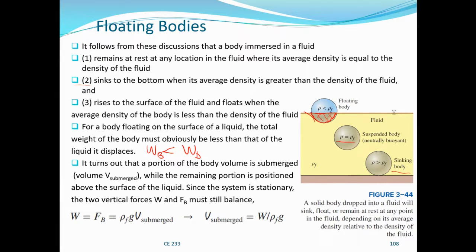That implies that although the volume of the body is higher, the density is less. Let me use the density of the body, rho, g, a volume, let's say water. Now g is constant, cancel out.